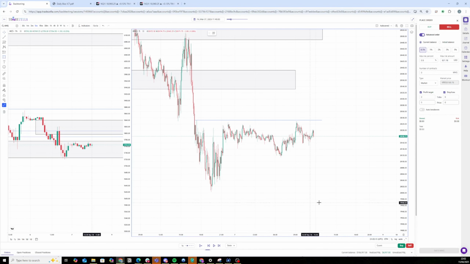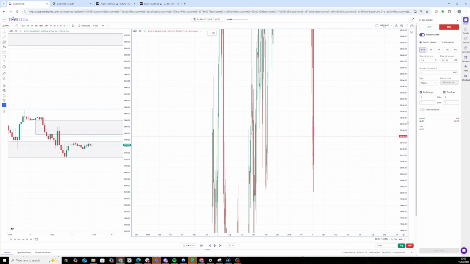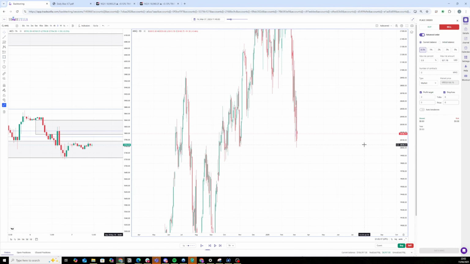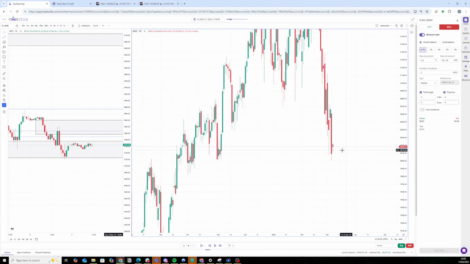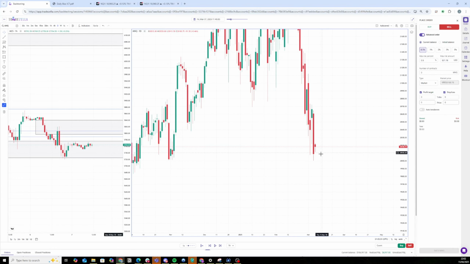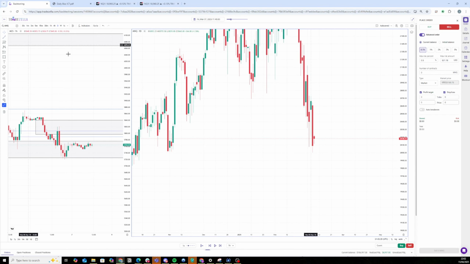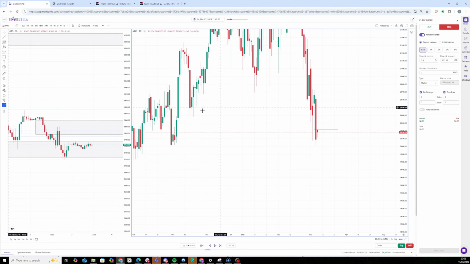So, right here on the daily, let's start the same process as we've done for all the other days. Let's just clear all our markings out and see what we're dealing with. So I'm going to be bearish on this. Obviously we closed below yesterday's previous low, right? That's a strong close below yesterday's previous low.